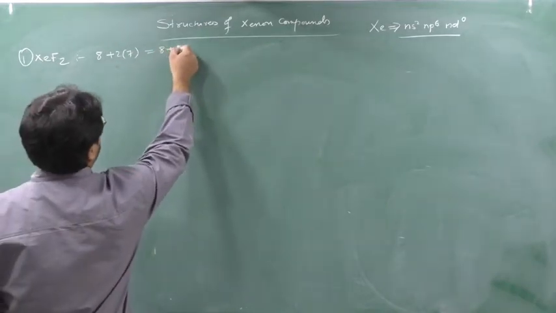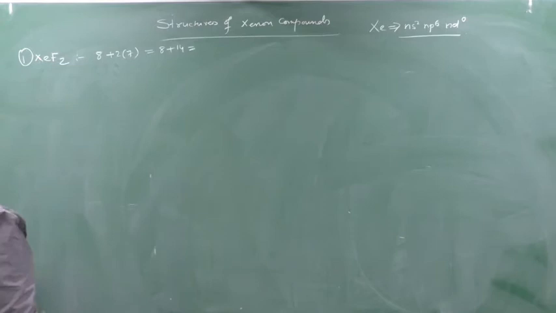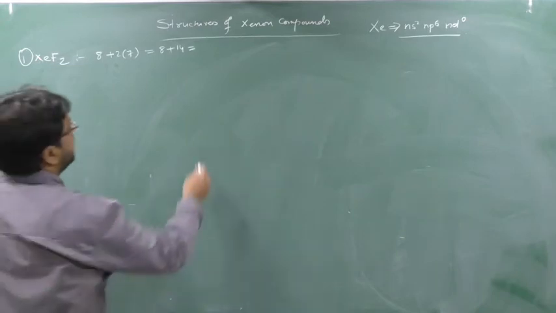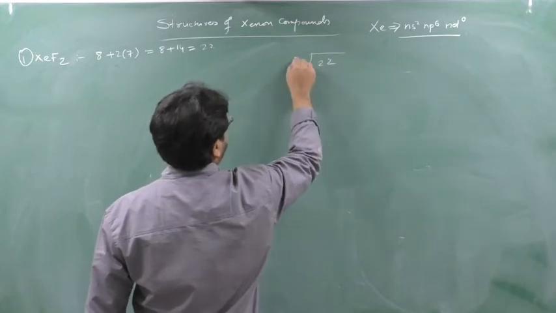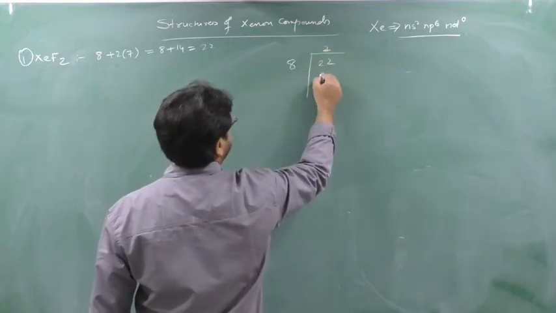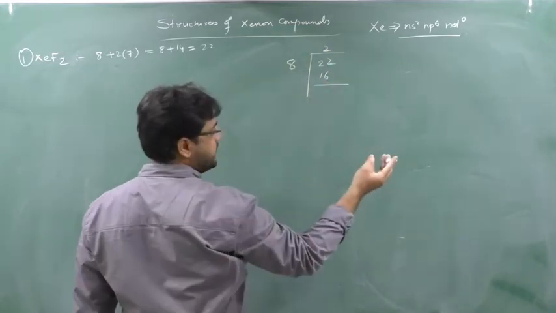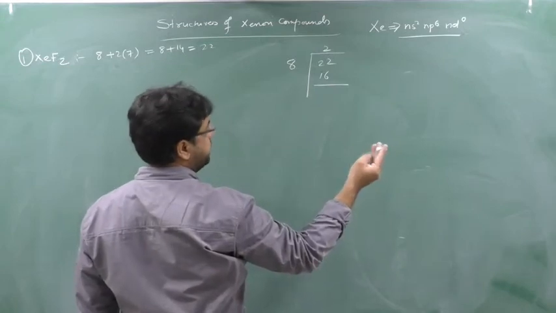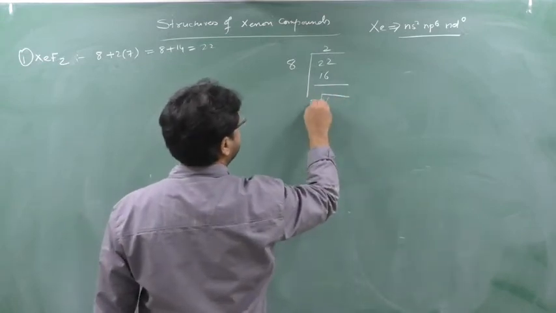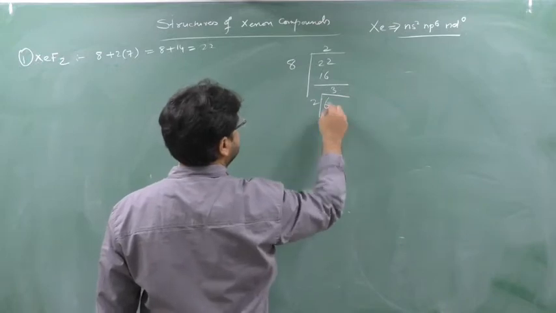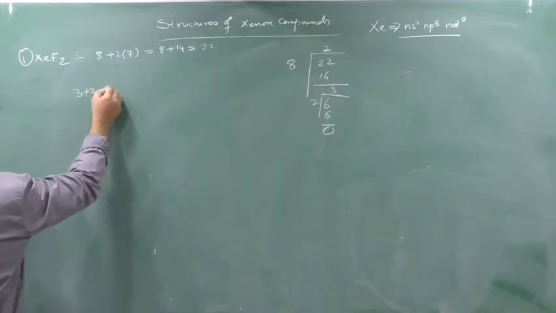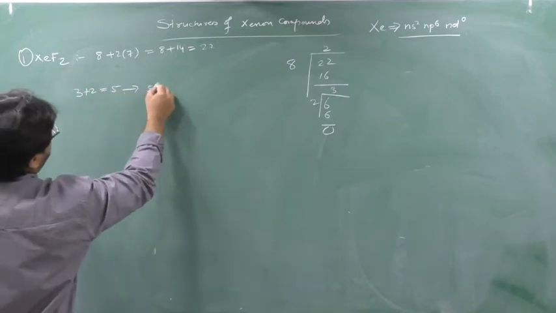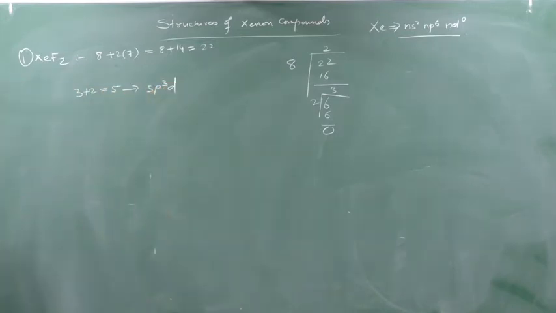So 8 plus 14 is 22. The 2 threes are 6, so 0. 3 plus 2 is 5. 5 means sp3d.